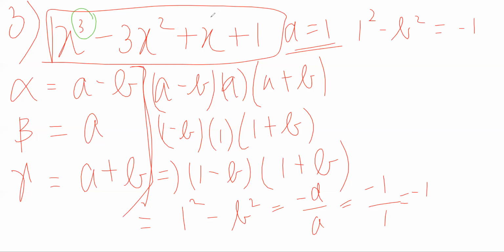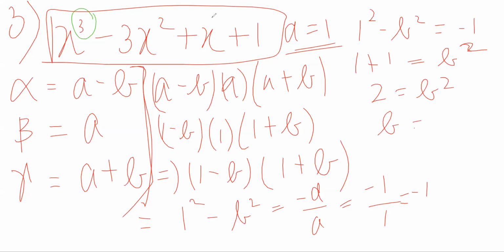When you transpose it, 1 square is 1, and when you transpose this minus 1 to this side, you get plus 1. And this will become b square, because you're transposing minus b square to that side. So 1 plus 1 is 2, equal to b square.